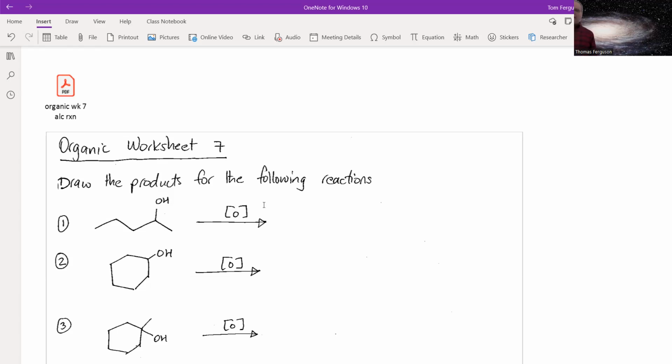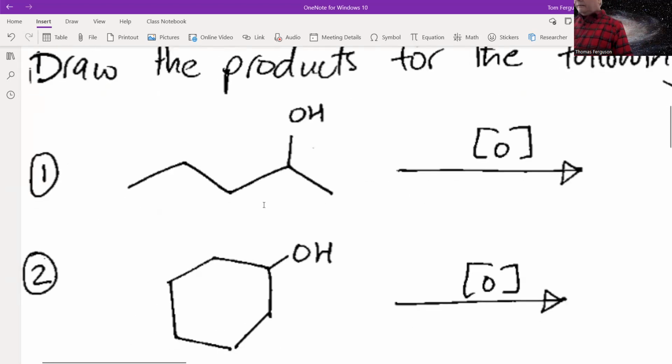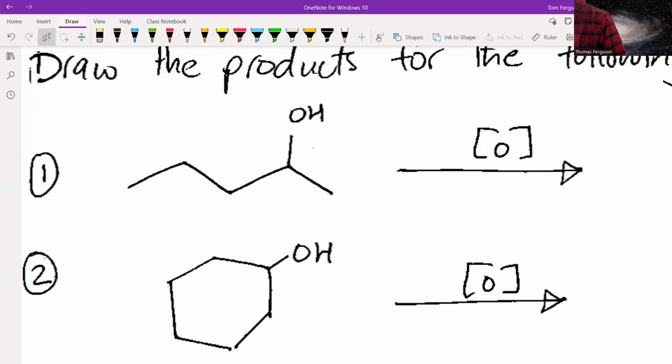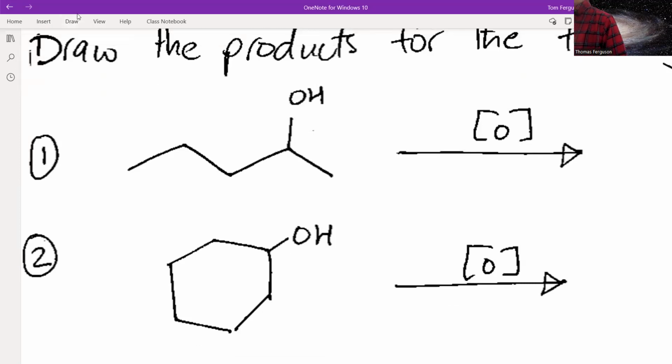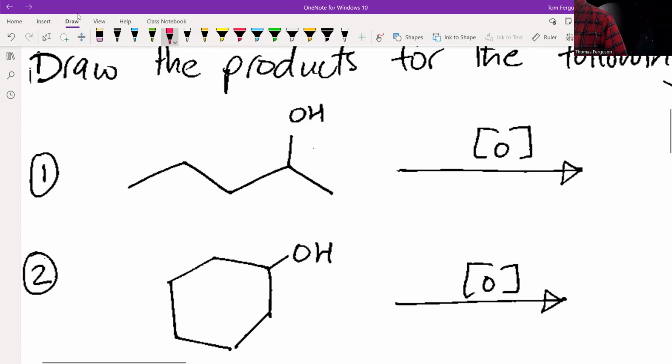So secondary alcohols have one hydrogen there. That means it can be oxidized once.